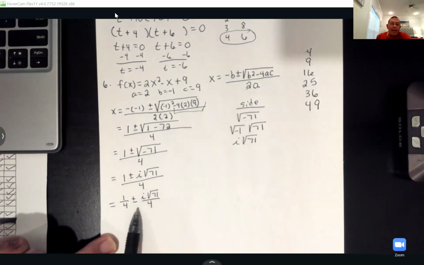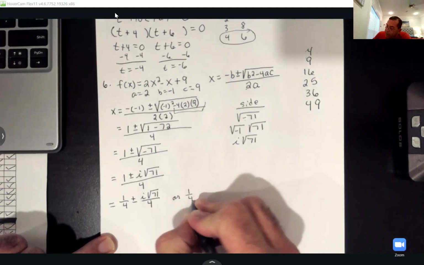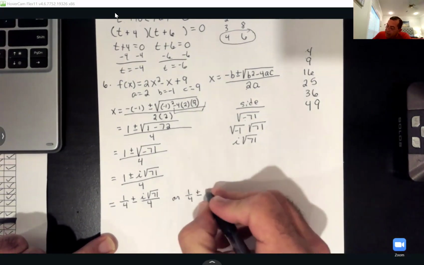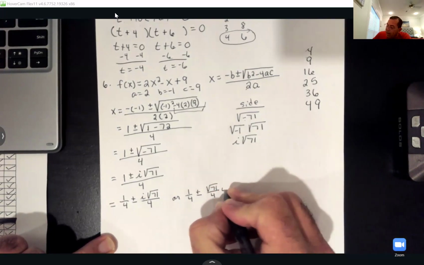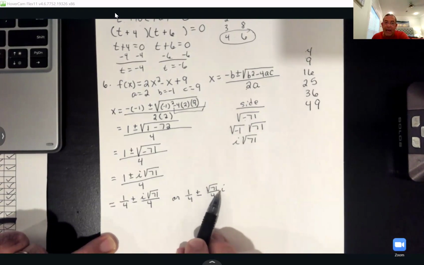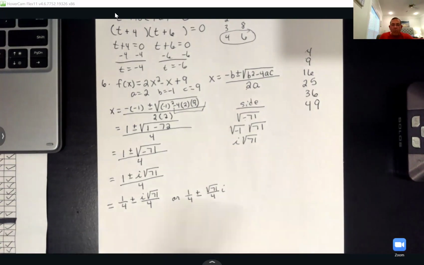Now, I'm going to write it like this, or you could do 1/4 plus or minus square root of 71 over 4, and then put your i at the end of that. You cannot put the i on top under the radical, but you can put it after the fraction. So either way will work.